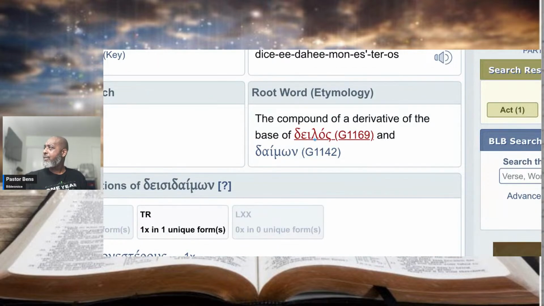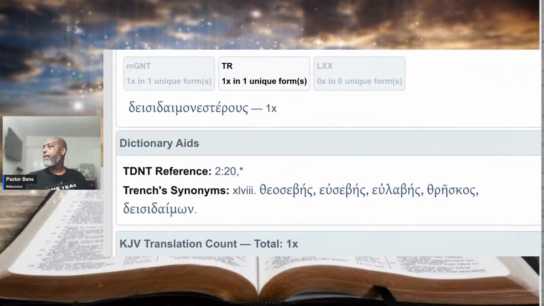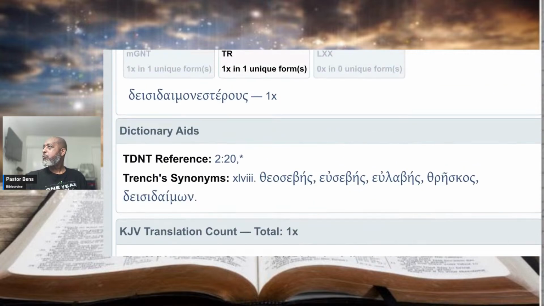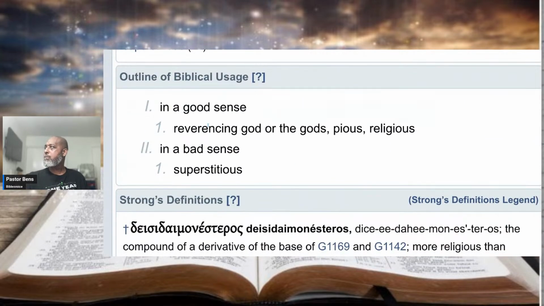It's made up of delos, daemon. Watch this, guys. This word superstitious, it's not in a good sense. Reverencing God or the gods. Pious or religious. So you got to have a biblical understanding of what's being said here.